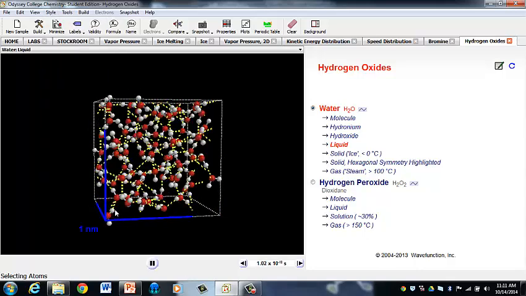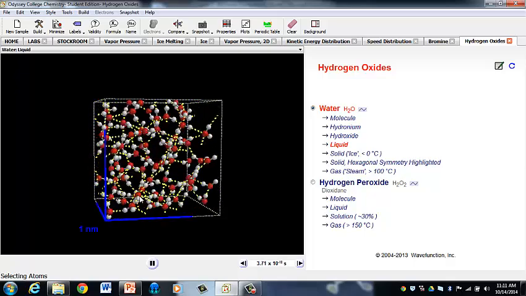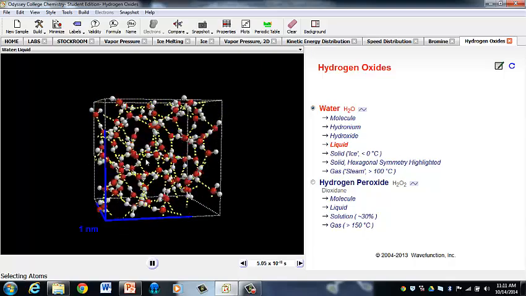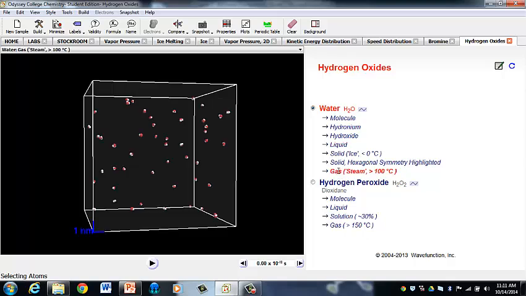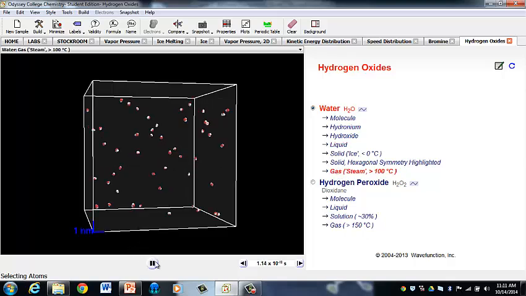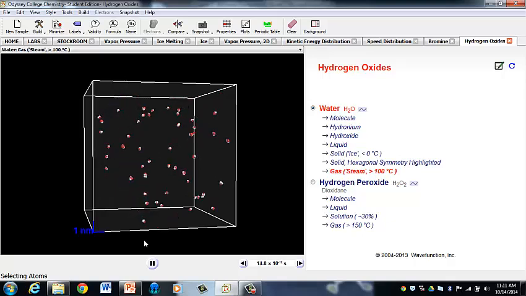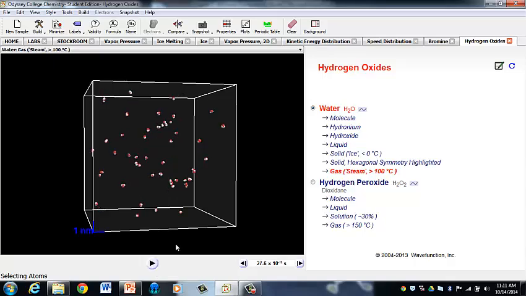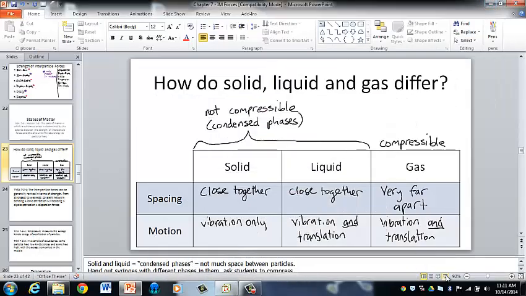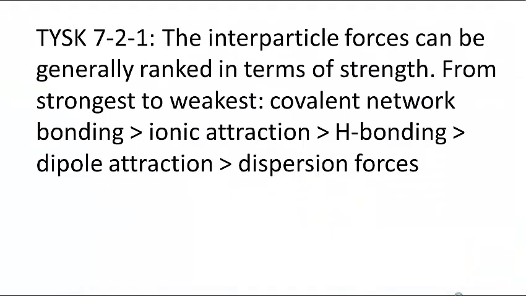In a liquid, what we'll see is they wiggle, but they also move from place to place, and hydrogen bonds break and form in different places. And in a gas, water vapor, same idea. They're far apart. They're moving from place to place. So that's what I want you to keep in mind whenever we talk about solids, liquids, and gases.